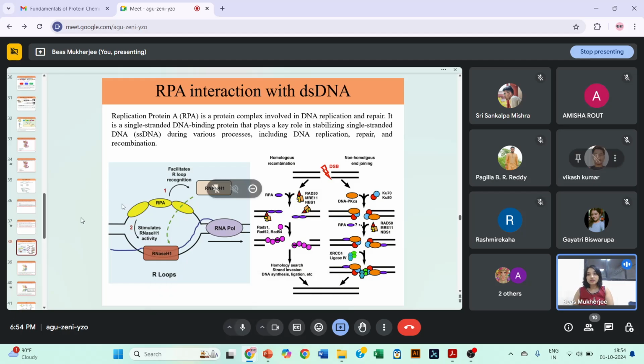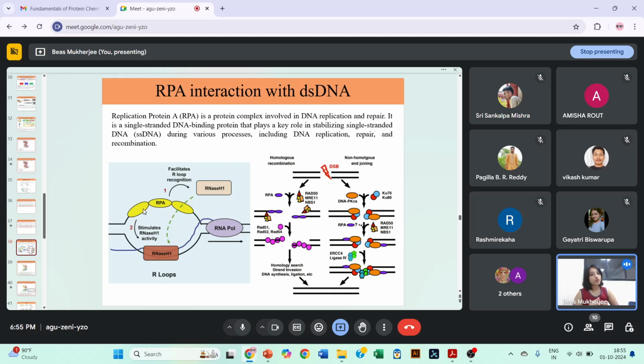So this replication protein A is coming and binding to the single stranded DNA during DNA replication to facilitate its single stranded form.